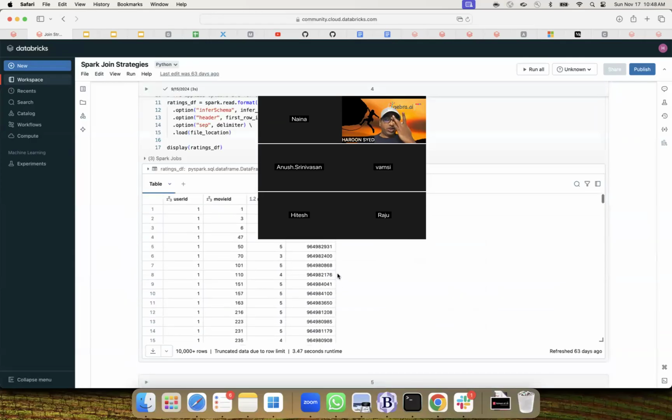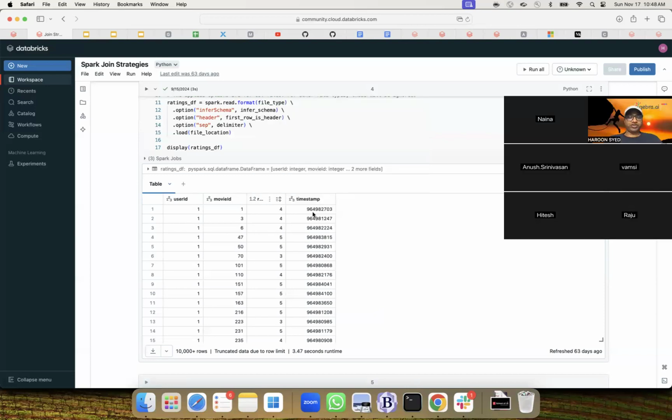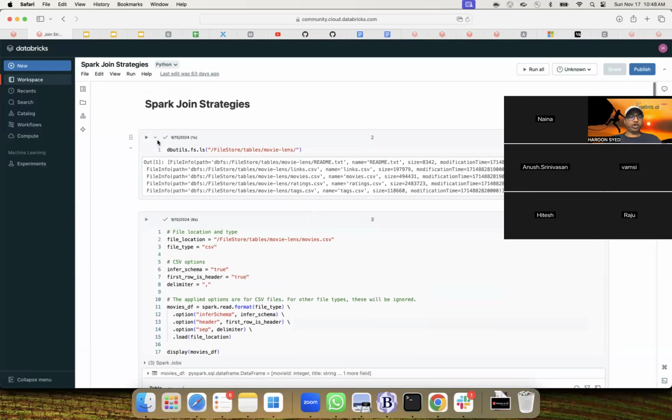All right, so now we are looking at what join strategy it uses when we join the data set.